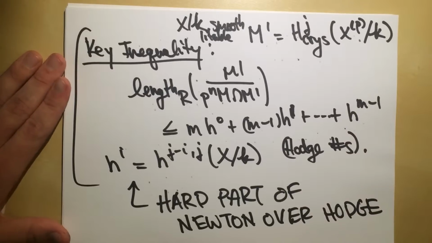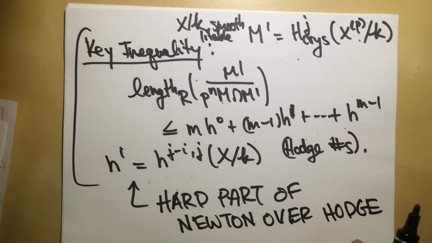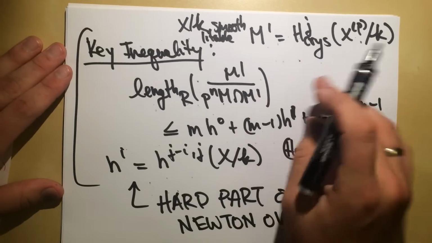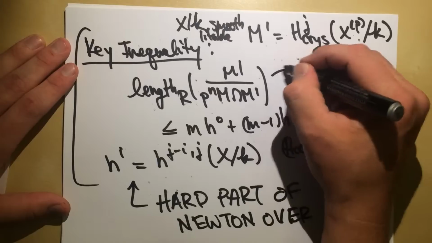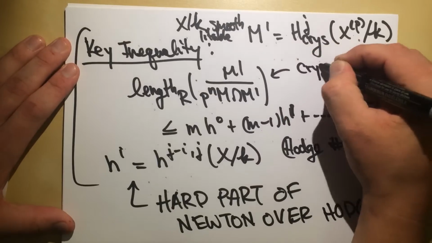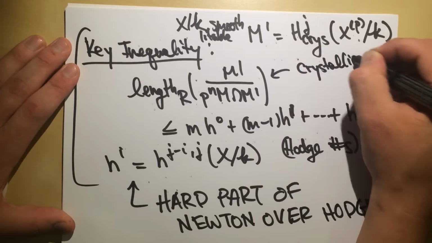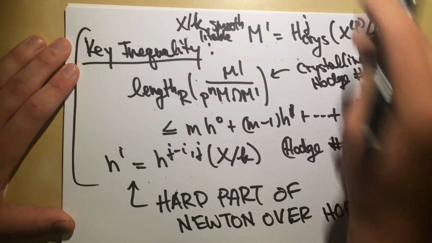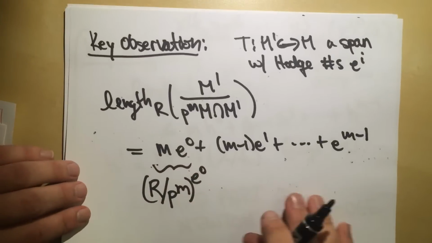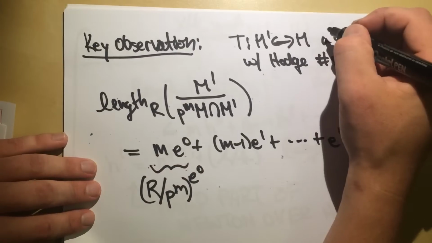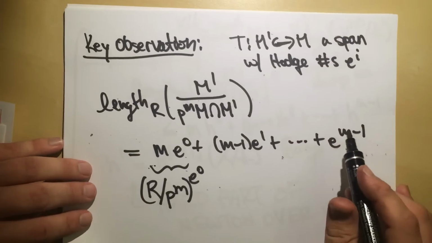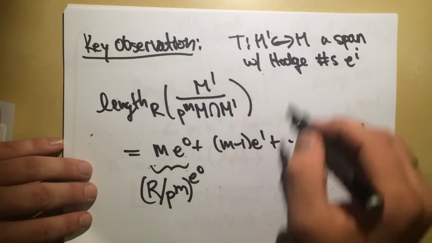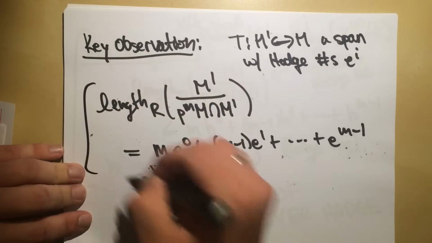And so what does this actually give us? This thing here is the crystalline Hodge numbers. We had this crystal, and for any crystal we can do this.